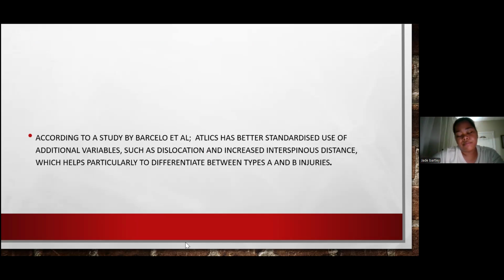From my research done, there was a study that I found by Barkella et al. that actually shows that the AO Spine TLICS has a better standardized use of additional variables, such as dislocation, increased interspinous distance, and that's helped to further differentiate between type A and type B injuries.